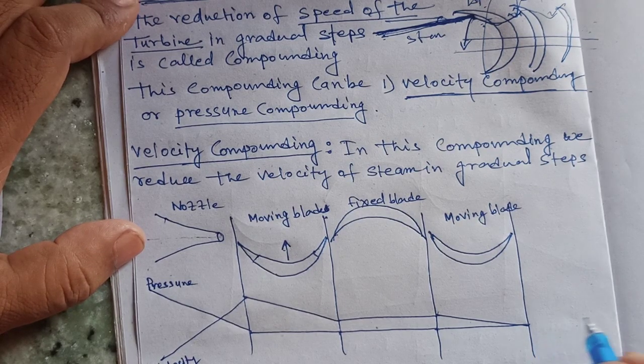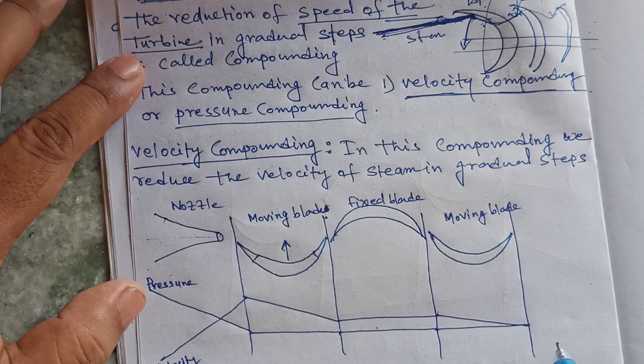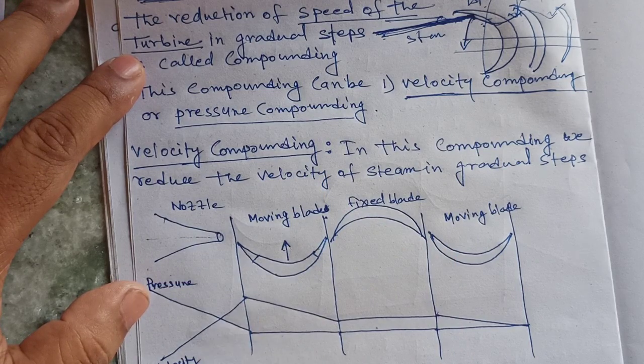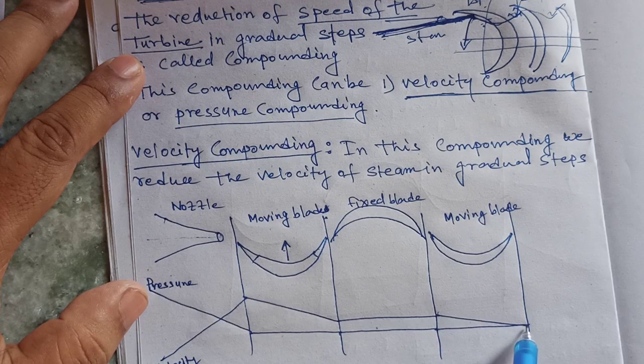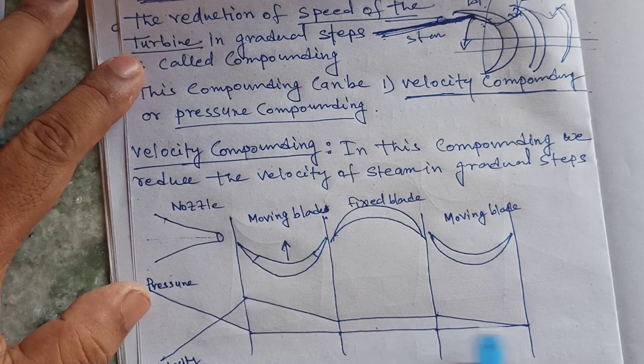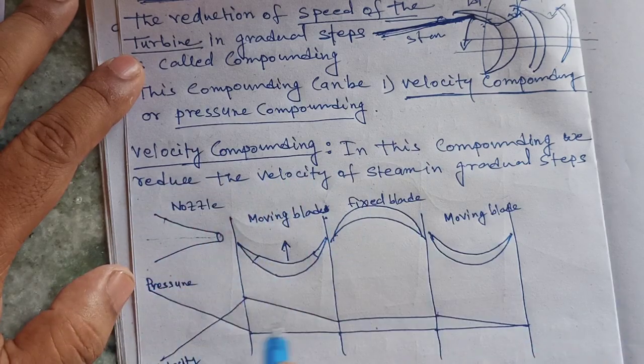So this type of compounding is called velocity compounding. You can see that the velocity is gradually reducing here and further here, but pressure is constant, not changing. So this type of turbine is called velocity compounding.